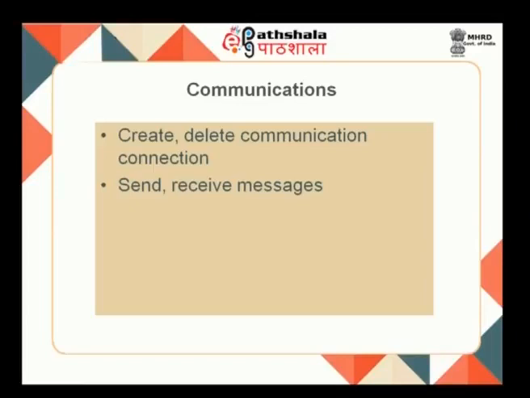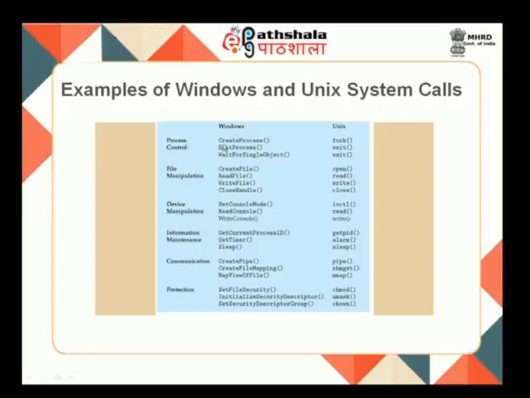If you look at this, it just shows a table of different system calls that have been used in Windows and Unix operating systems. For process control, fork is the system call used in Unix for creating a process, and when the process exits, it calls exit, and it can make the process wait for some amount of time or wait till an event occurs using the wait system call.